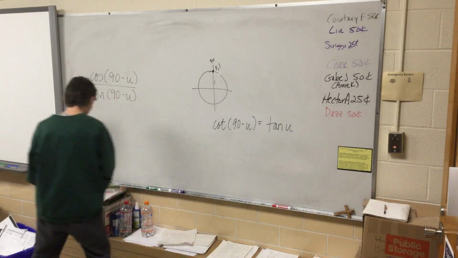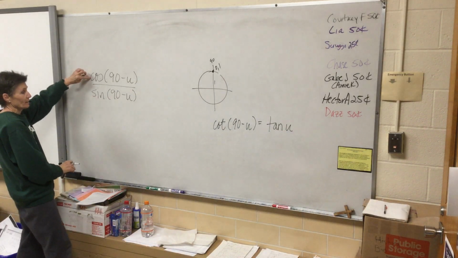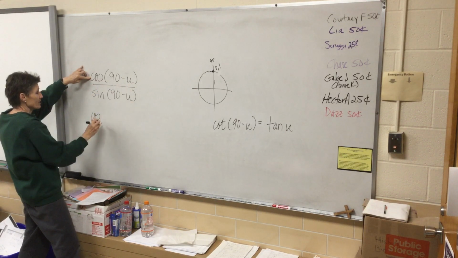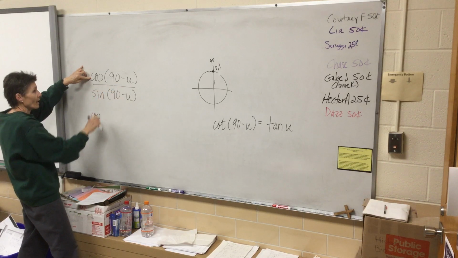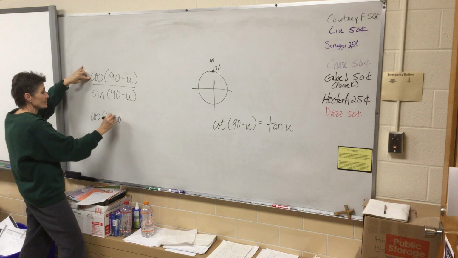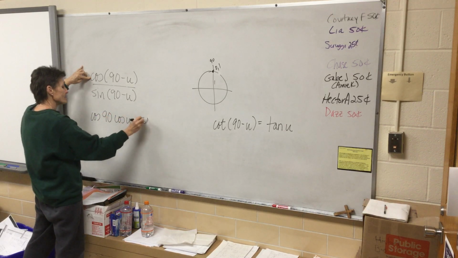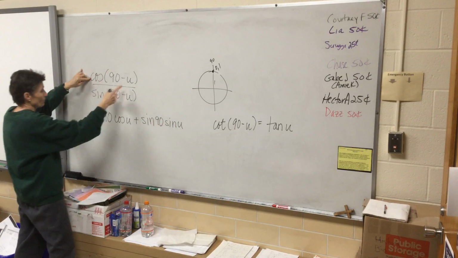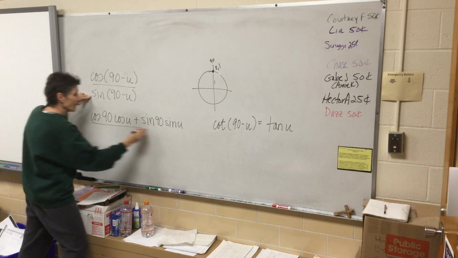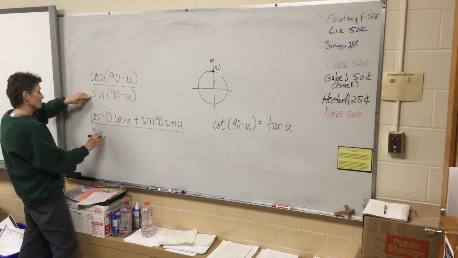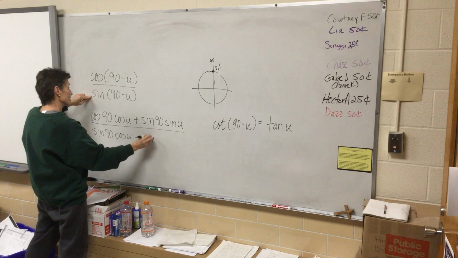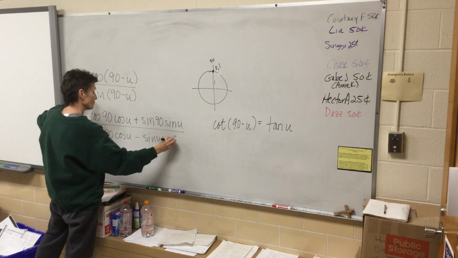So now I have to use two of my formulas. The cosine of u minus v, or x minus y, or alpha minus beta, whatever, is cosine of the first, cosine of the second, plus sine of the first, sine of the second. That's my cosine formula. And that's over sine of the first, cosine of the second, minus sine of the second, cosine of the first.